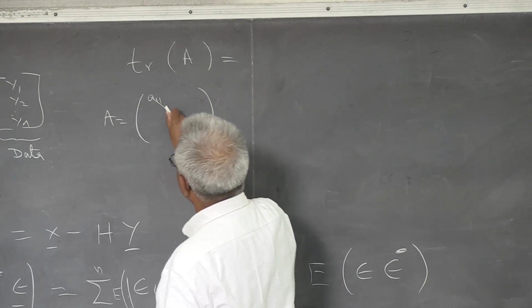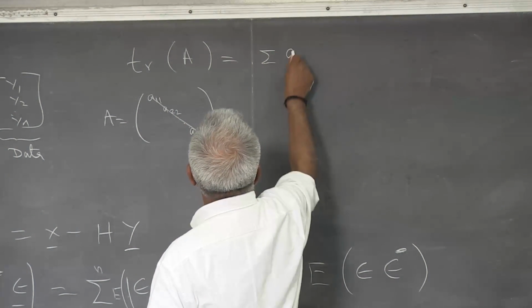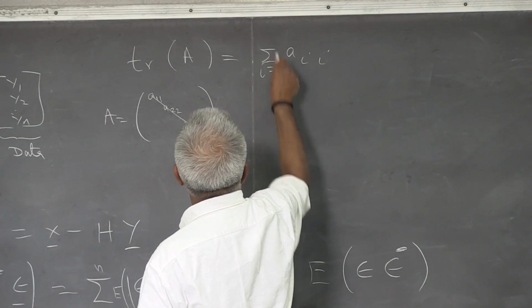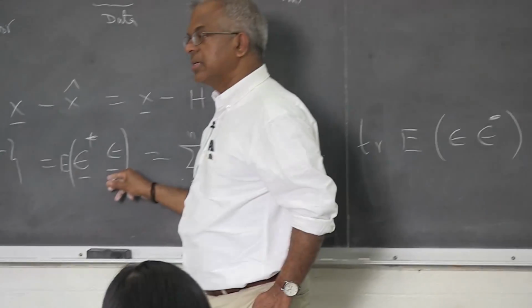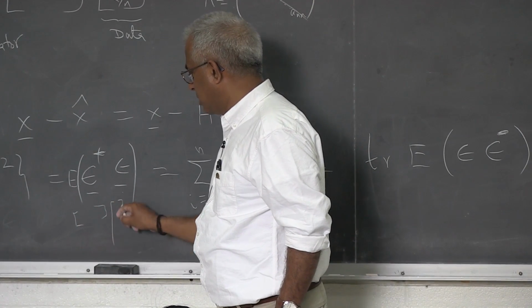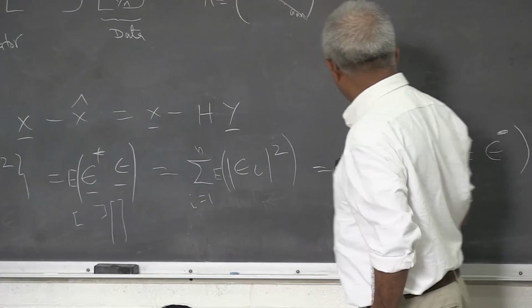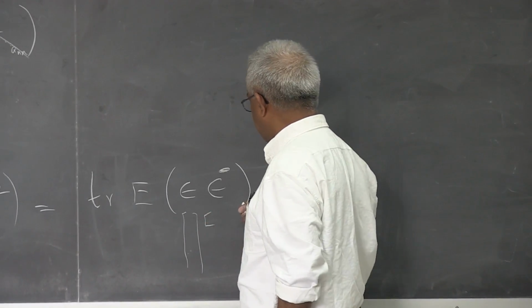Right, the sum of these diagonal elements, A11, A22, etc. So this is the sum for i equal to 1 through n. Look at here. This is a scalar, right? Because epsilon star is like this, epsilon is like this. If you write it the other way, epsilon is like this, epsilon star is like this.